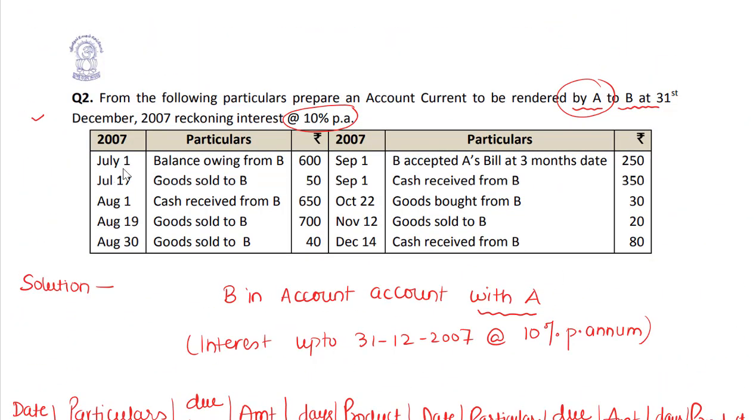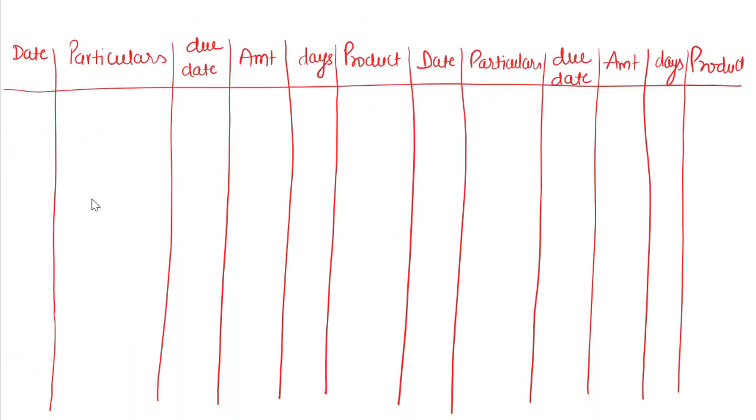First, July 1, balance owing from B 600. 1st of July 07, to balance brought down. Due date 1st of July 07, 600.